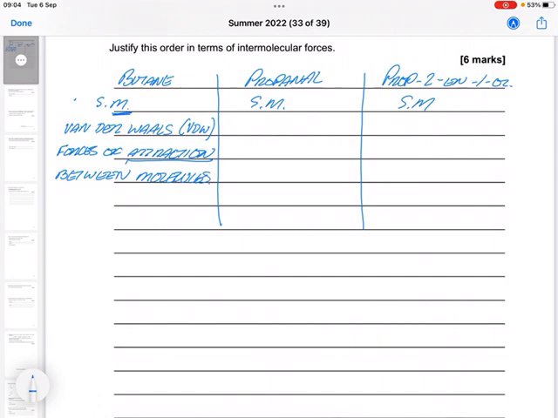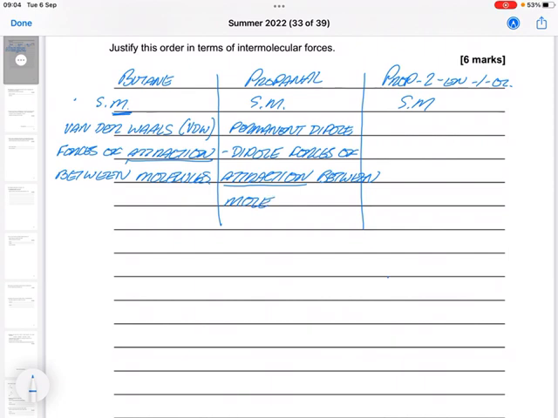With propanal, this is permanent dipole to dipole forces of attraction. And again, I've mentioned the word attraction, so I have to state what it is between: molecules, and again, the clue is in the structure and bonding.